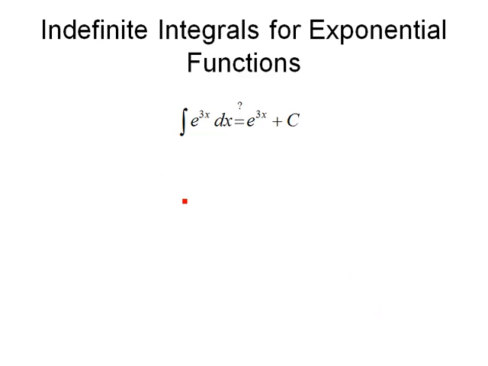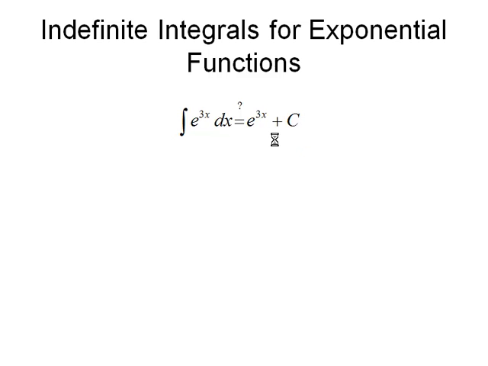Now let's make things even more complicated. And this is going to start to lead us into what we're going to need to do in the next section, 15.2. I want to find the antiderivative of e to the 3x dx. What most people guess the antiderivative is here is e to the 3x plus c, because you're used to the derivative of e to the x being e to the x.